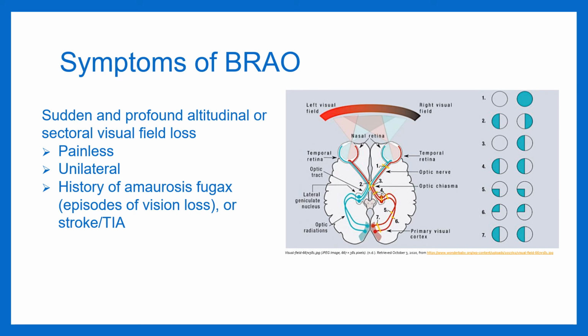It's usually unilateral, because clots enter just one of the eyes, unless it's due to a systemic illness. And if they've in the past also had a history of temporary vision loss or stroke or TIA, we should be cautious and rule out BRAO.